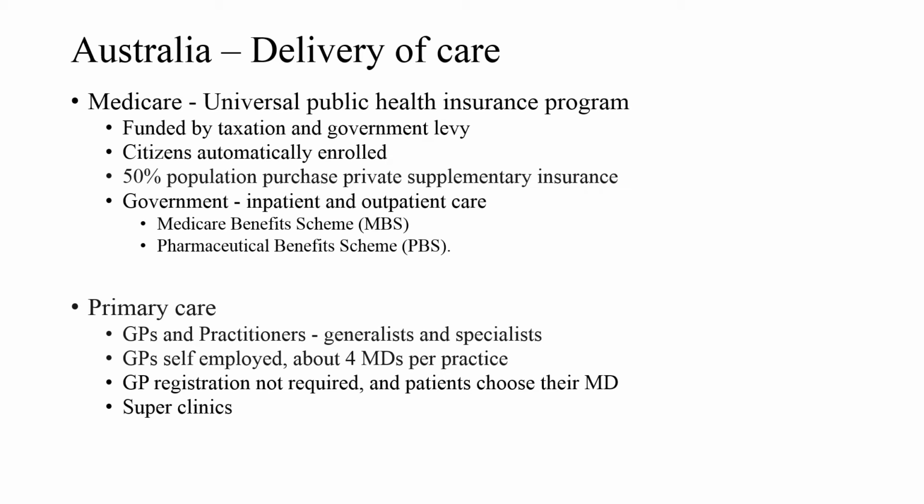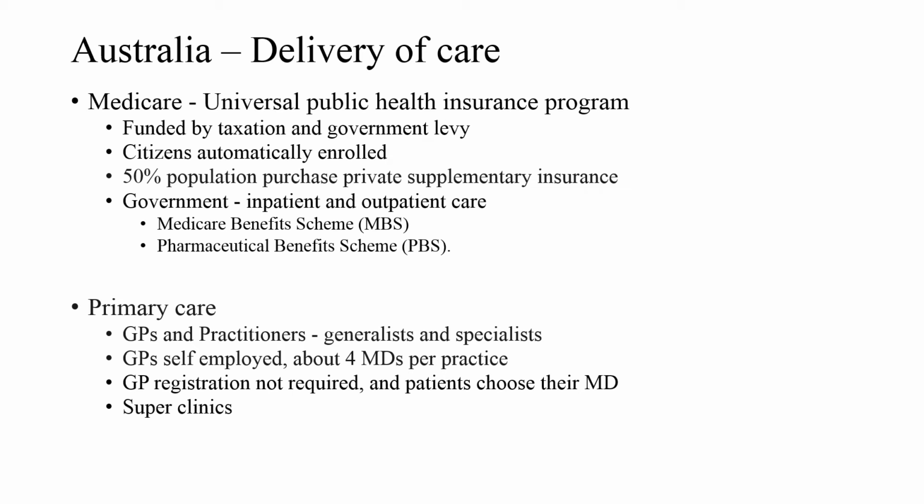But also there's a government levy for people who make a certain amount of money. If you don't have private insurance, you will get a government levy. And I know in the US that is seen as infringing on rights, and there's a lot of debate on mandating people to have insurance. But that's another debate as well.